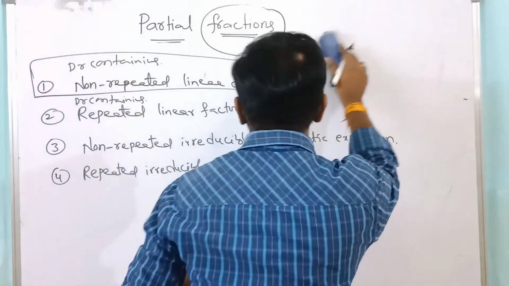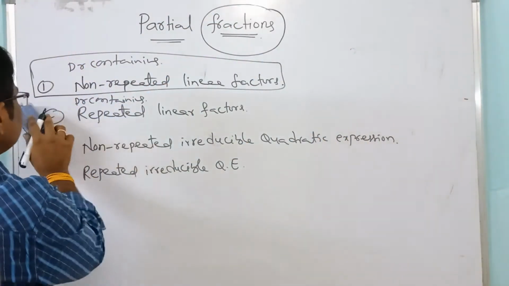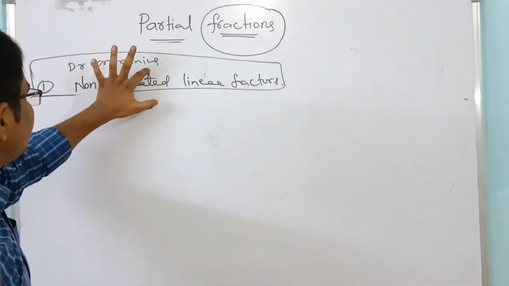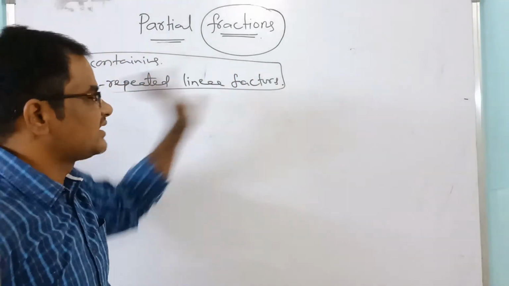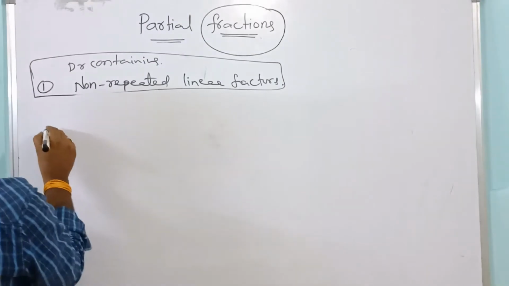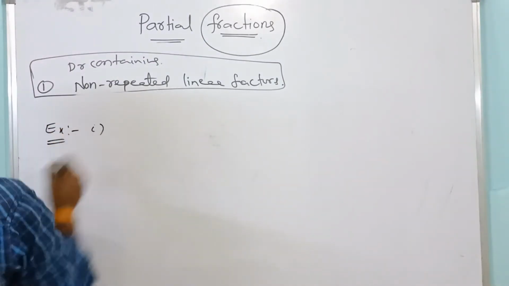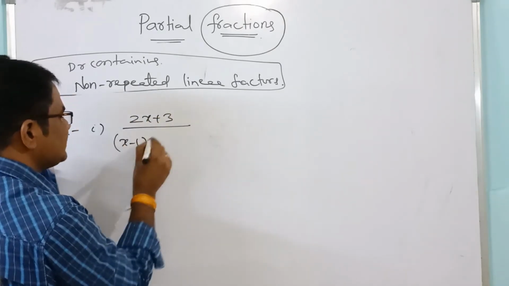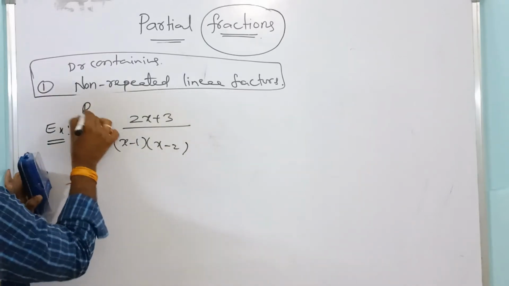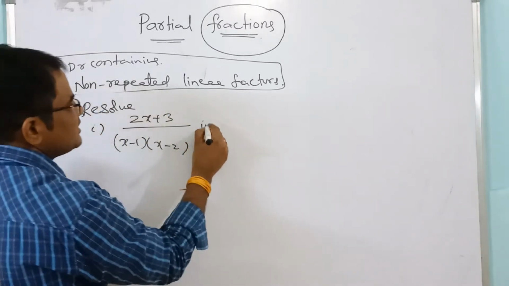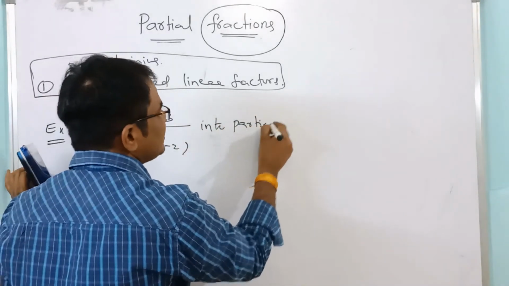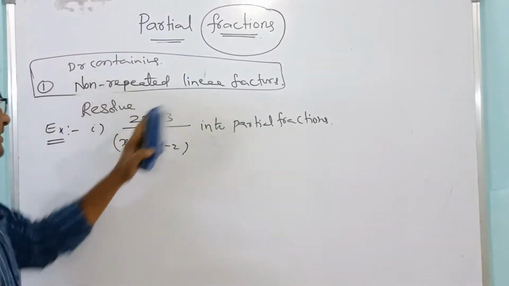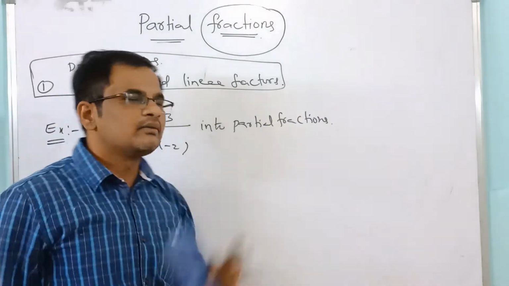Now, for the first one we have to take the partial fraction. Denominator containing non-repeated linear factors. Means, for example, example 1, listen carefully, important one. Suppose they given 2x plus 3 divided by x minus 1 x minus 2. They will ask like this, resolve this 2x plus 3 by x minus 1 into x minus 2 into partial fractions.